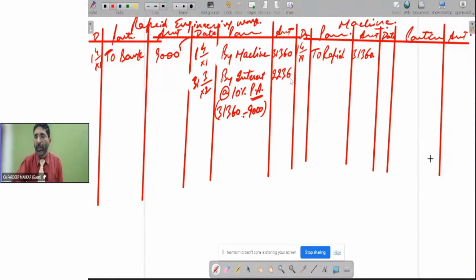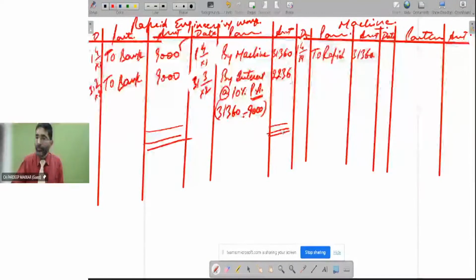2,236. And then you have to make payment of installment to bank. That is 9,000, because he has already mentioned the payment is always fixed, to bank. And then get the balance and tell me how much is the balance, beta. That will be to balance carried on the same date.